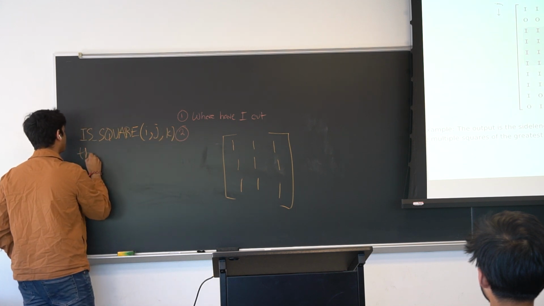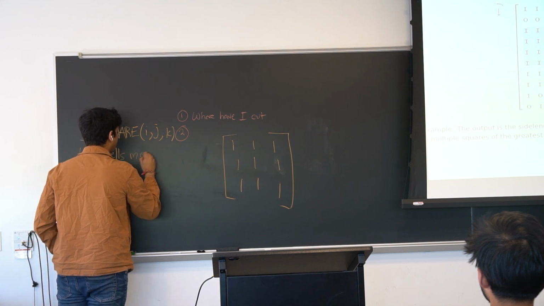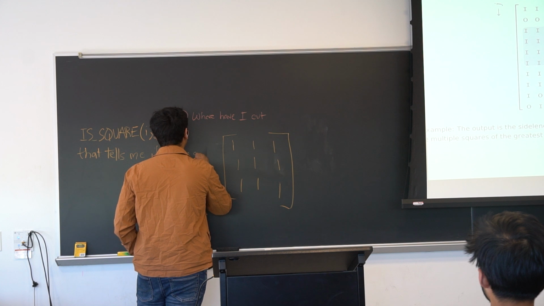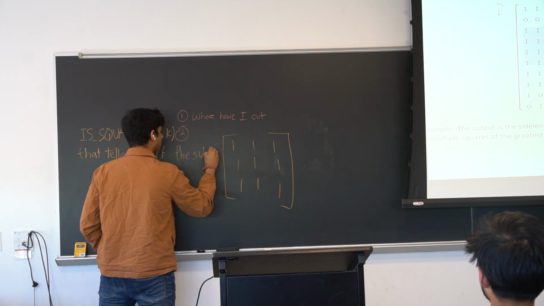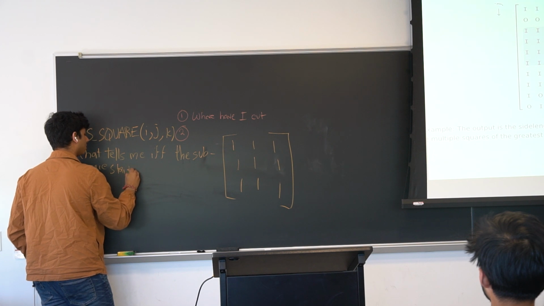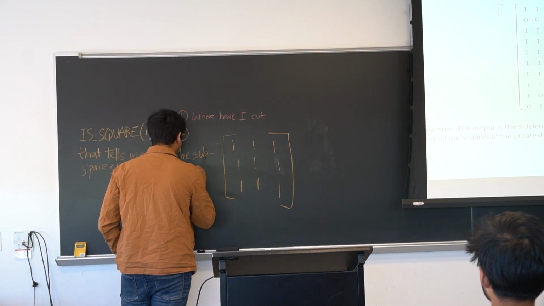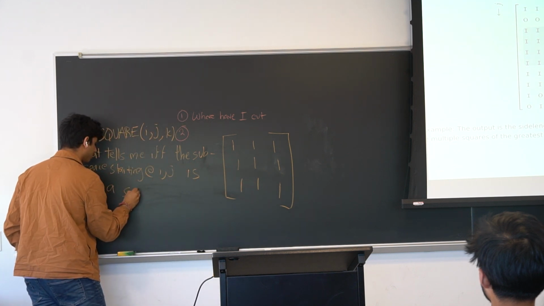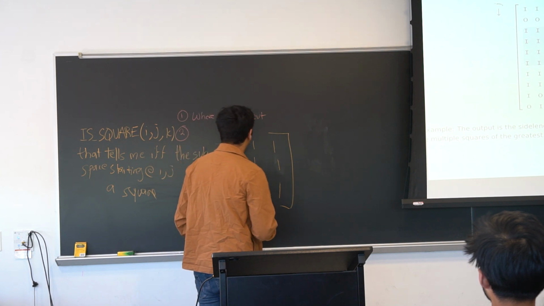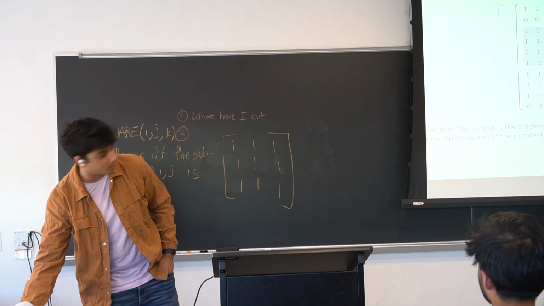That tells me if the subsquare, or the subspace, starting at ij is a square. Okay? So if I know a couple of things, I can start to define a square recursively.